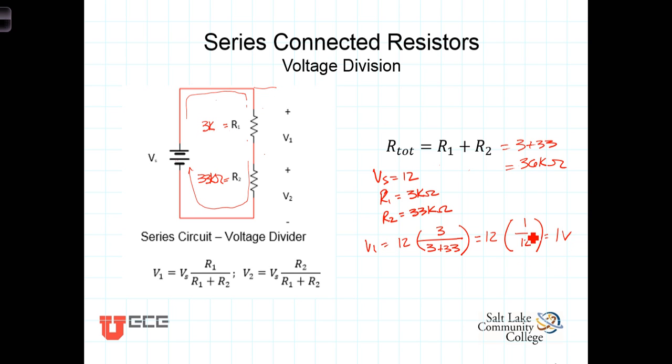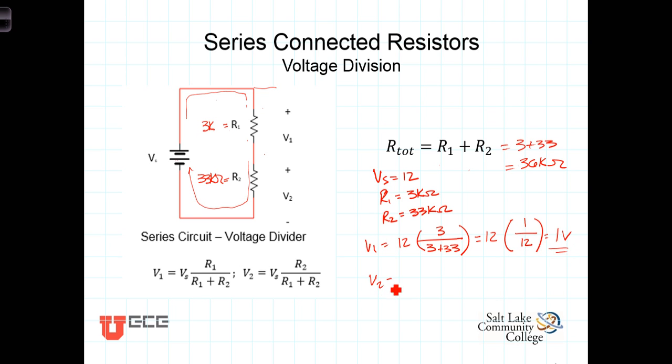Notice this ratio of 1 to 12, or 1/12. R1, 3 kilo ohms, is 3/36, or 1/12, of the total resistance. The voltage V1 then is 1/12 of the total voltage.